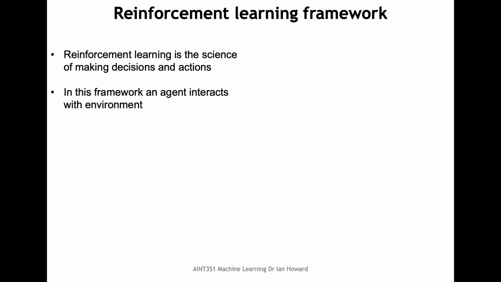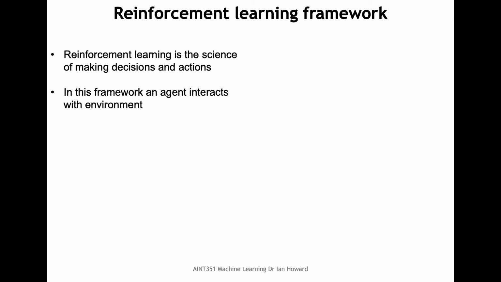So reinforcement learning is the science of taking action. Really, it's the science of making decisions as well, right? So we have to decide, do we move left, do we move right, up or down. There's also continuous space reinforcement learning and continuous action reinforcement learning, where we might actually decide to output a value in terms of a movement rather than a discrete movement.